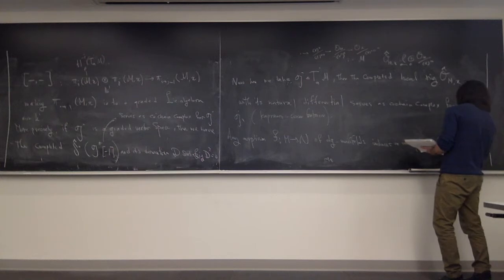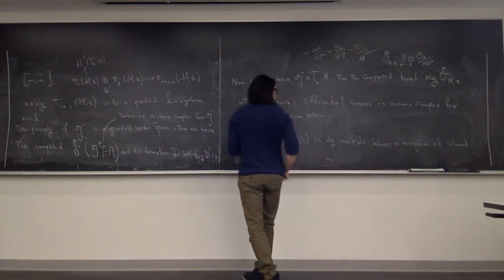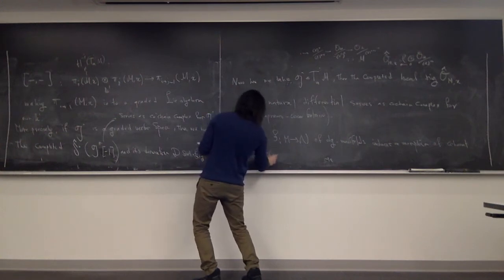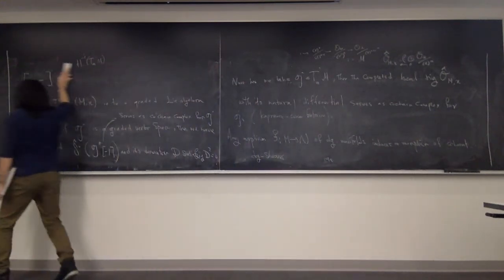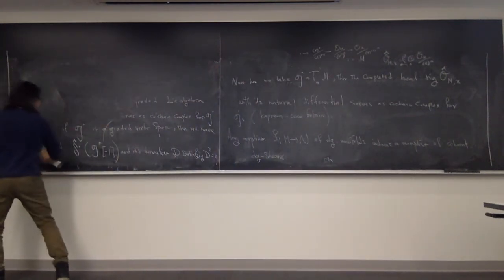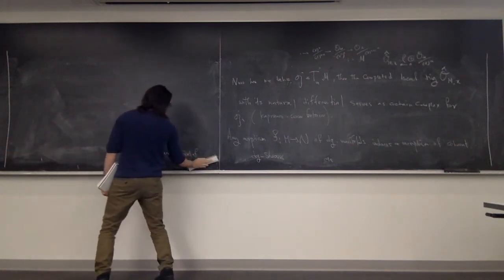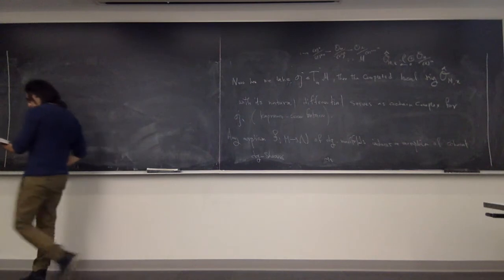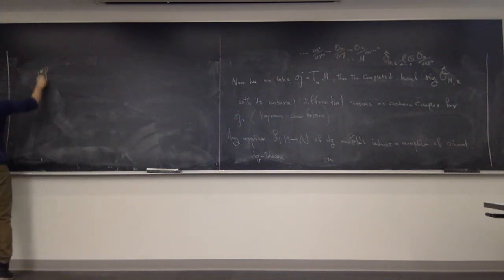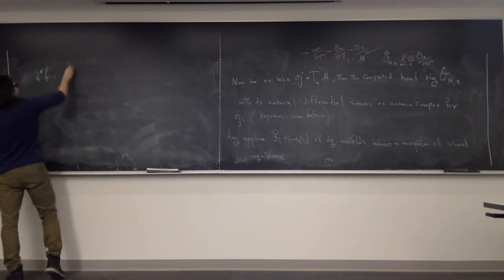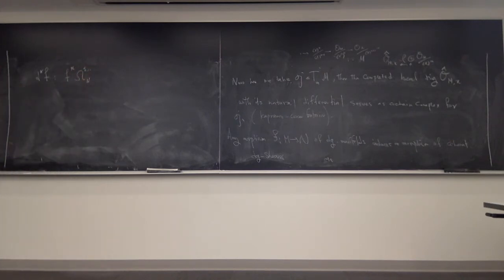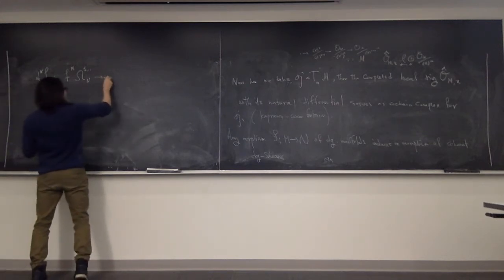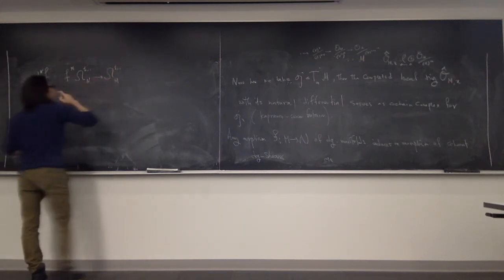So if you have a morphism like f, then the star of f is going to be mapping from the pullback of the DG cotangent sheaf of N to the DG cotangent sheaf of M.